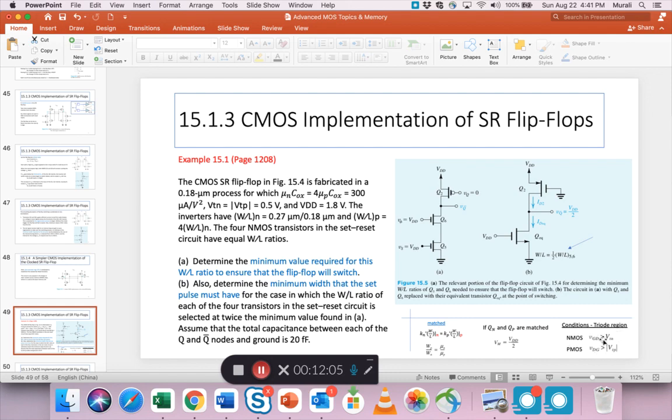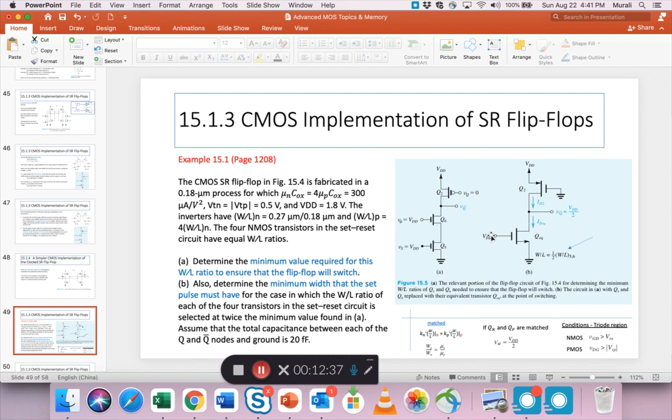Similarly for NMOS, VGD has to be greater than VTN. So what is the gate to drain voltage? So how do you find that? We know this point is already at VDD, so that's 1.8. We know this is half, 0.9. So point A with respect to ground is at 1.8, point B with respect to ground is at 0.9.